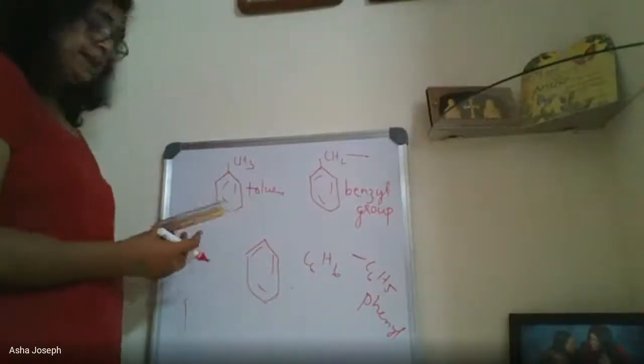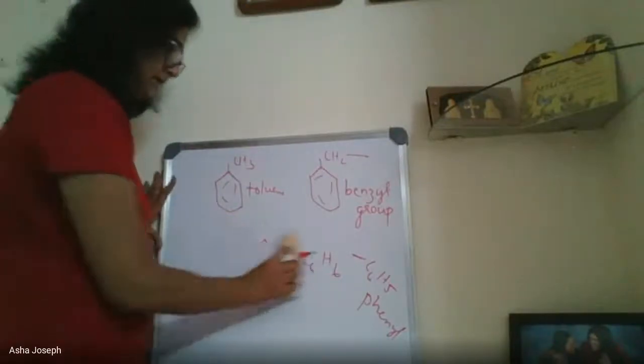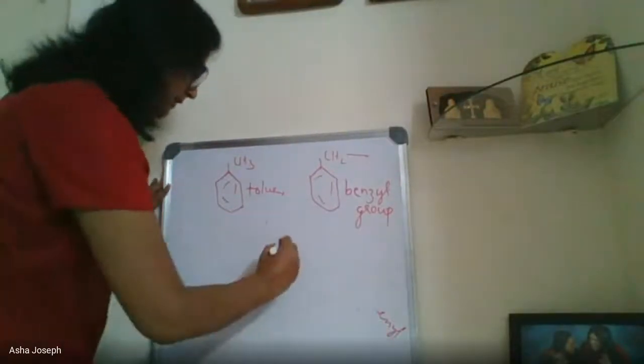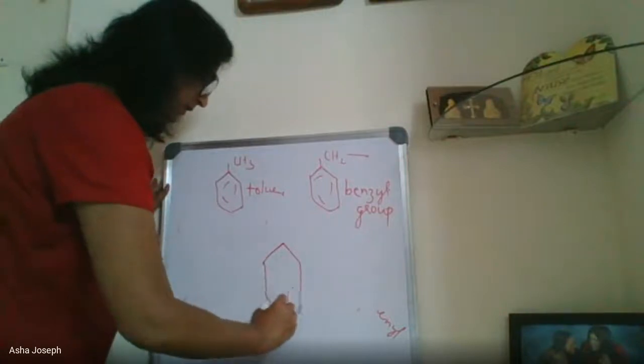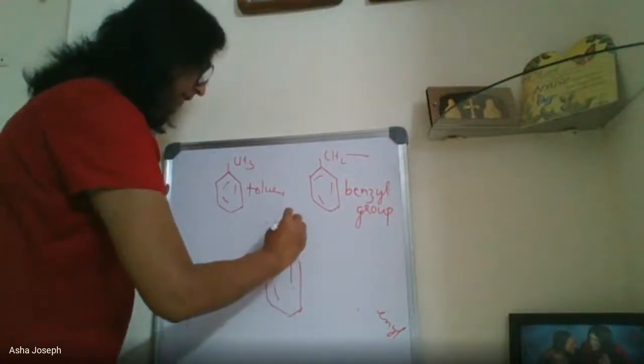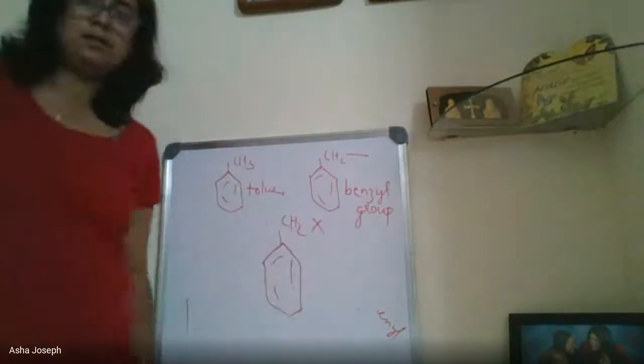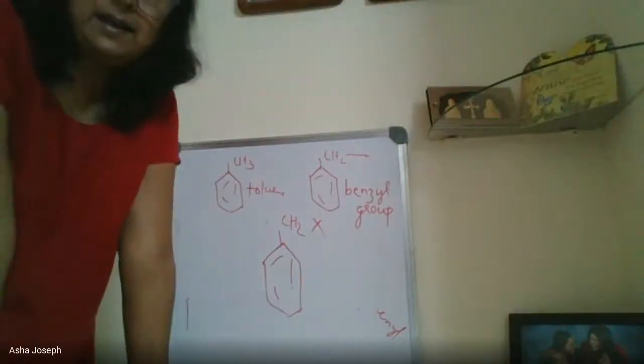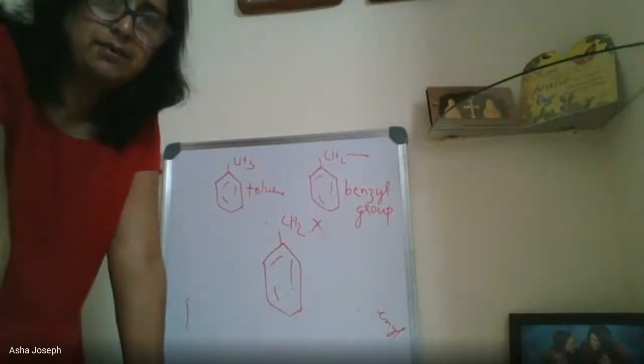So benzylic halides are our topic. This is a benzyl group. If any halogen comes on it, it is a benzyl halide. This is the second one.